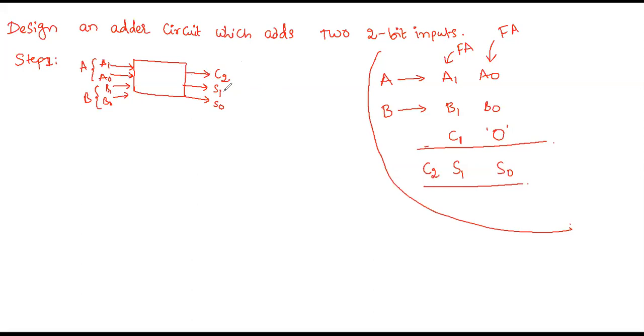These three are the outputs. This is the block diagram of the 2-bit adder.